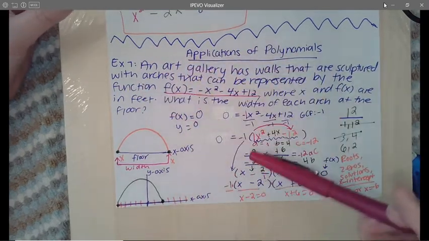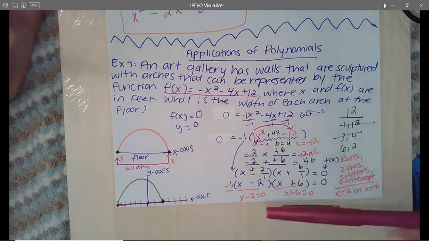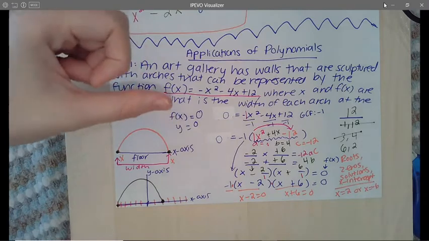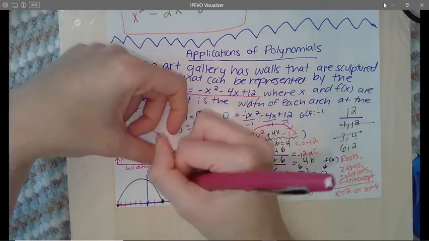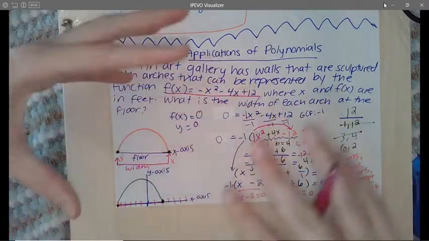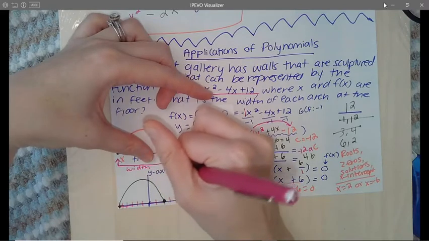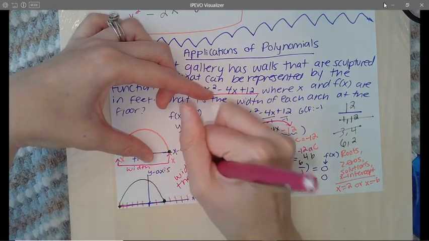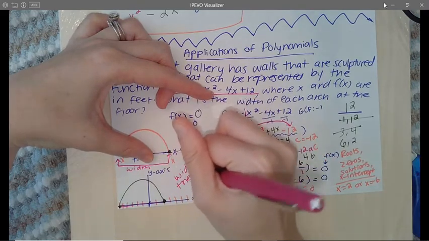Whenever you're doing a word problem or something that actually occurs in the real world, not the math world, it's always good to include your units. So I know that the width of the arch is going to be 8 feet. I don't really have much room to write my answer, so I'm going to write it right here. So the width of the arch is going to be 8 feet.